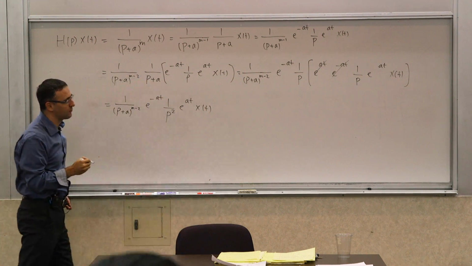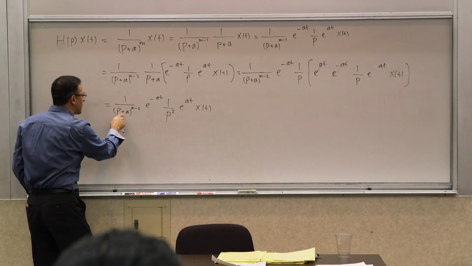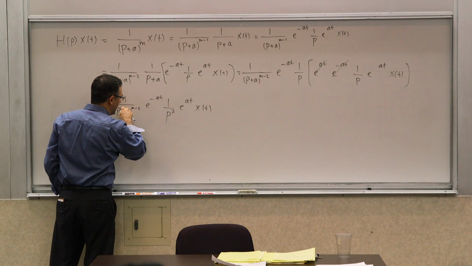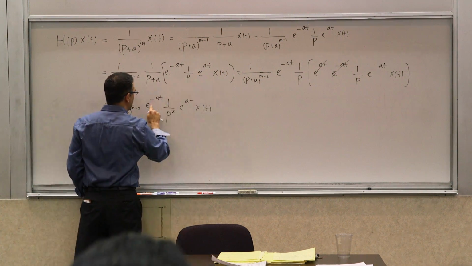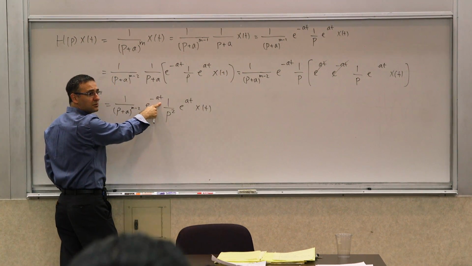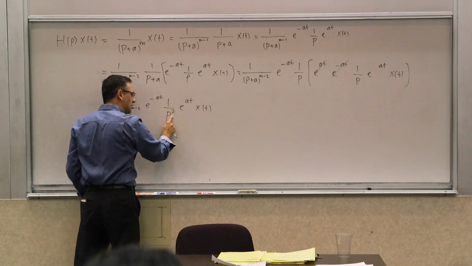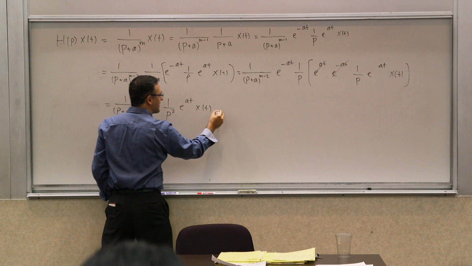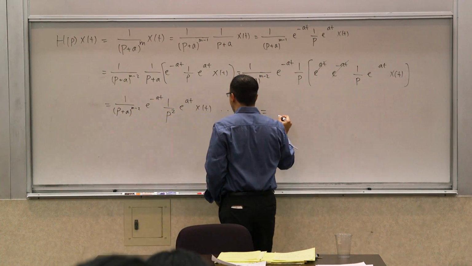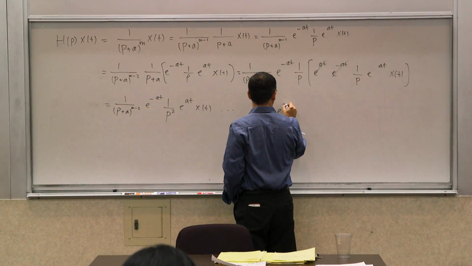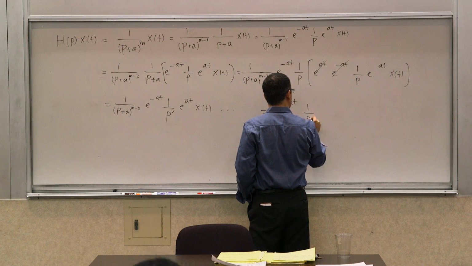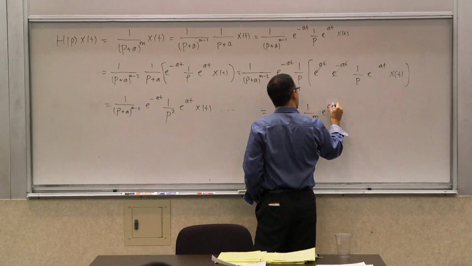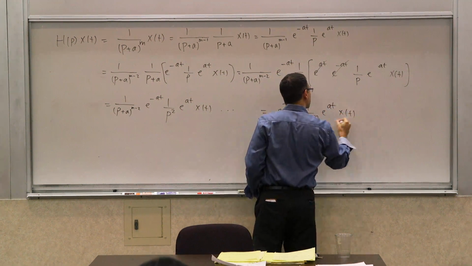Now, every time I take one of these out, that inside e to the at will cancel this outside e to the negative at, and I get a p to the 3. So at the end of this sequence, I will end up with e to the negative at, 1 over p to the m, e to the at x of t.